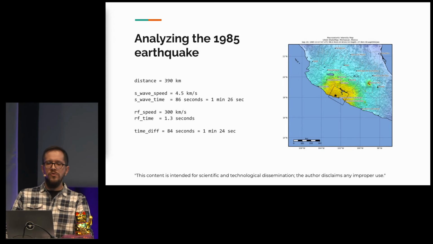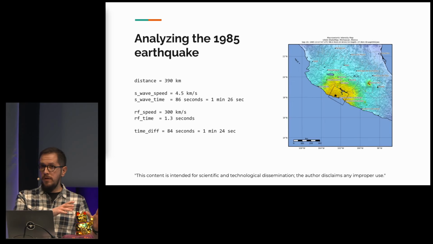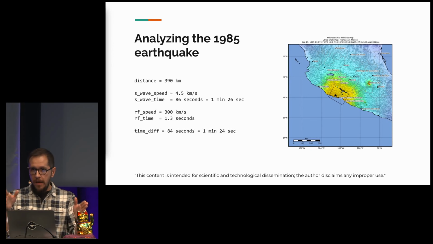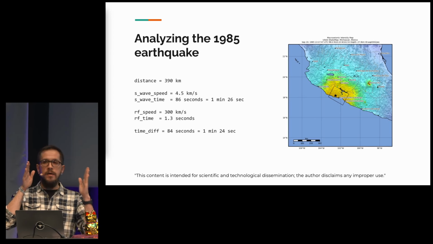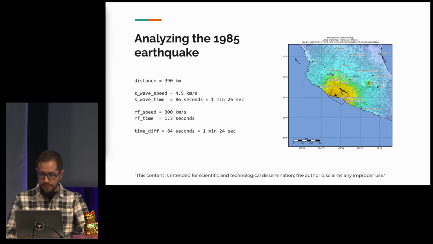But the radio waves travel at 300,000 kilometers per second, so they take just 1 second. So if we take the time difference, we have this time to receive an early alert from the earthquakes that are happening on the coast.